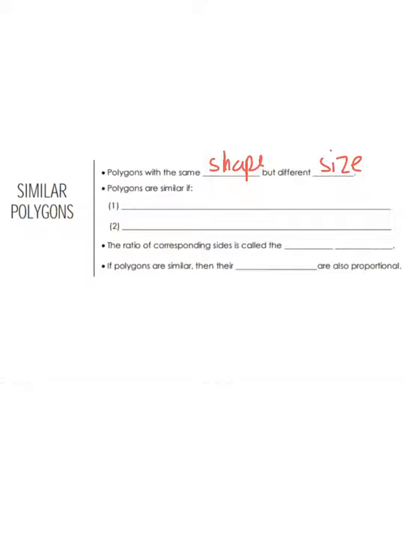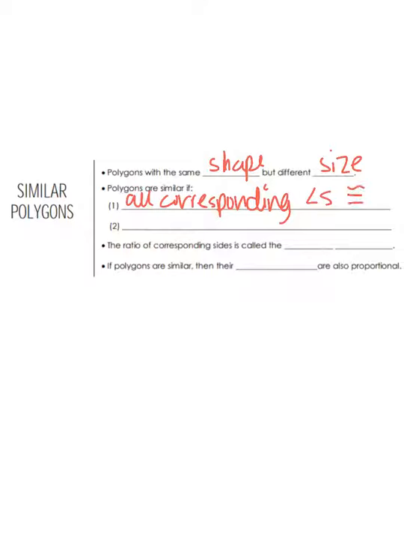Okay, polygons are similar if, not just that they have to look alike, but all corresponding angles are congruent. That has to be true.